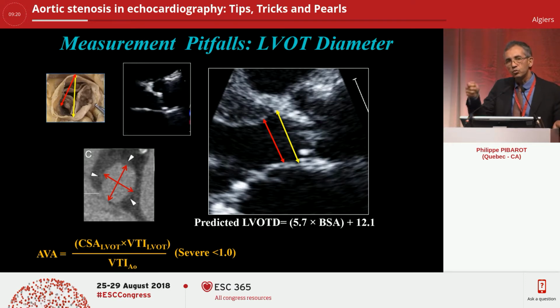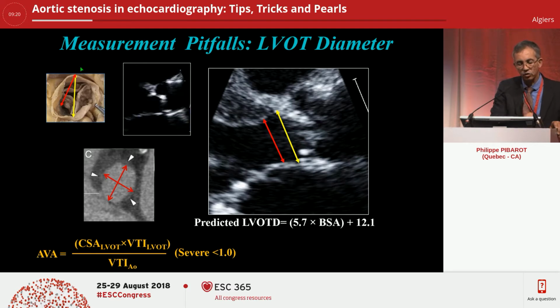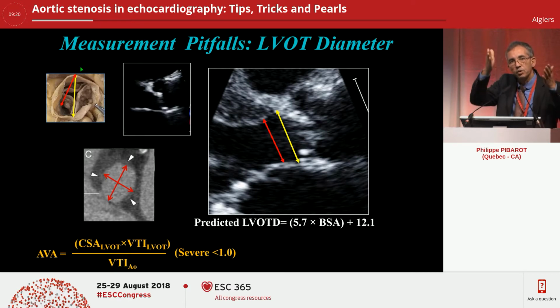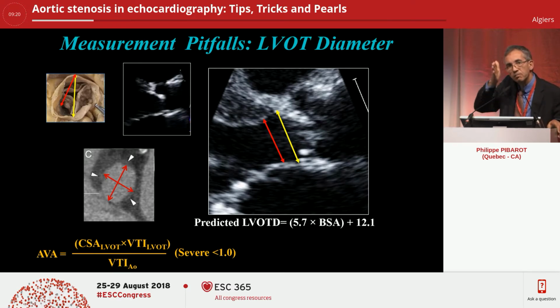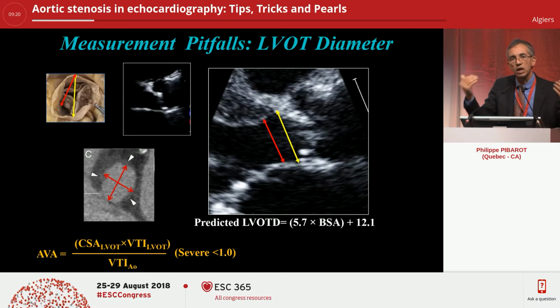First, when you do this parasternal long axis view by 2D echo, it is important to get the right imaging plane. You want to have a plane that bisects the right coronary cusp anteriorly, but posteriorly, you want to have the imaging plane at about the commissure between the left and non-coronary cusp.